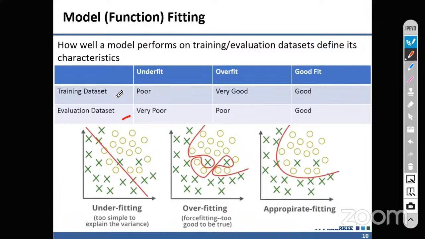In that training data set, whenever you increase the neurons or the layers, your accuracy will be very good, because your line separator between this positive data and negative data will be very finely tuned.